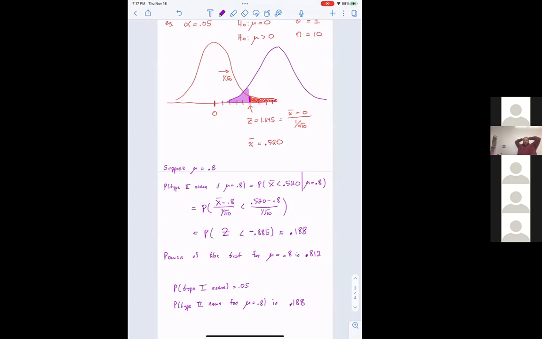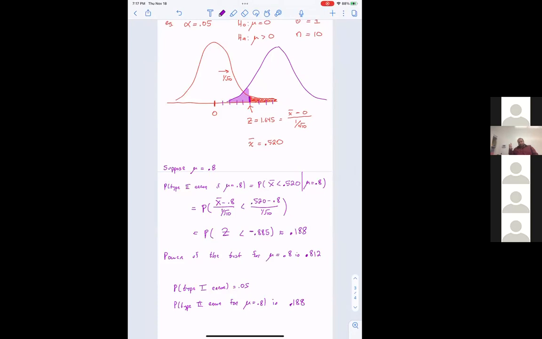If you want to make the probability of making a type 1 error smaller, you're going to make your alpha smaller, which means that red area in the graph is going to be smaller, and my cutoff point is going to move to the right. Do you agree?